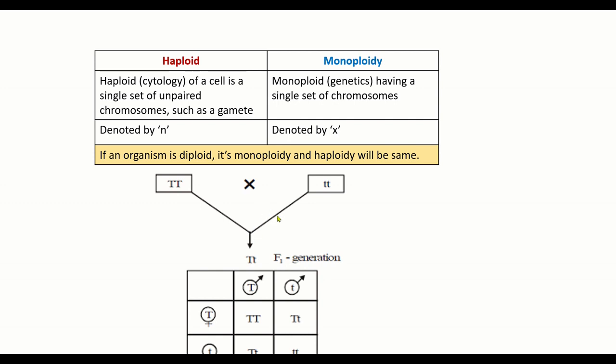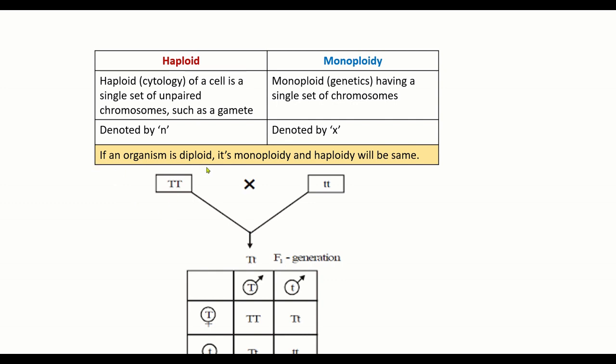So the tetraploid 4n will have 2n here, and the 2n which is contributed by this gamete is called haploid. And what is monoploid? It is the simplest genetic constitution or simplest set of chromosomes. And what is haploid? It is the gametic number of chromosomes in a set of genome.